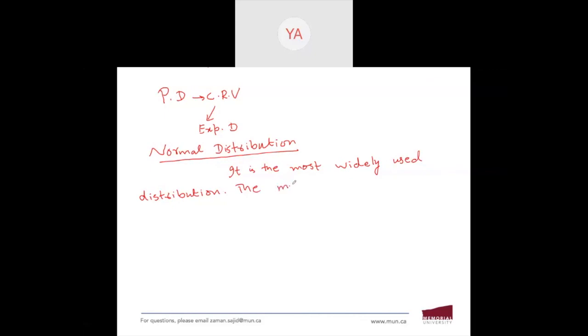The mean, median, and mode, all these three properties we have already studied, are all equal and located at the center of the distribution.